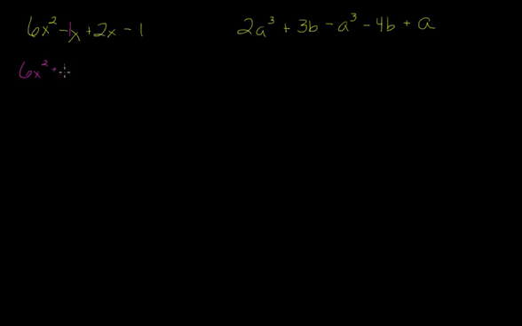A positive 1x, which we could just write x. And when you type this into Schoology, don't put the 1x there. Just put x. And then you see any other lonely numbers? Nope. So that's our answer. Ugly, but it's correct. All right, let's look at this one. See if you can do this one on your own.